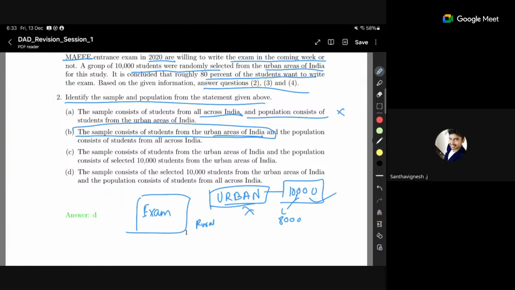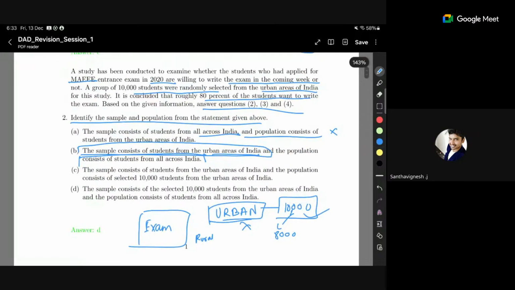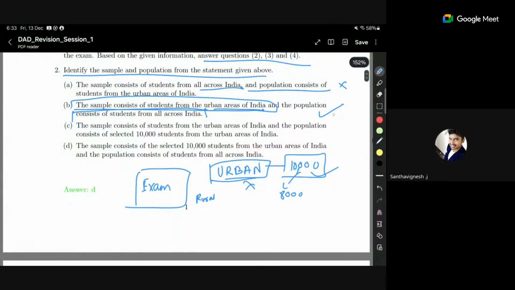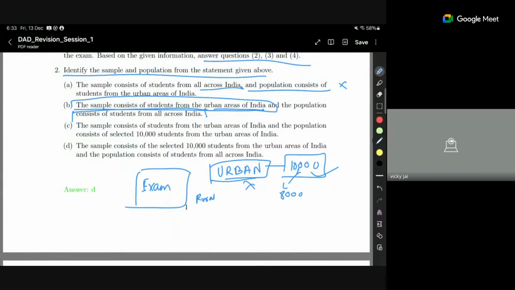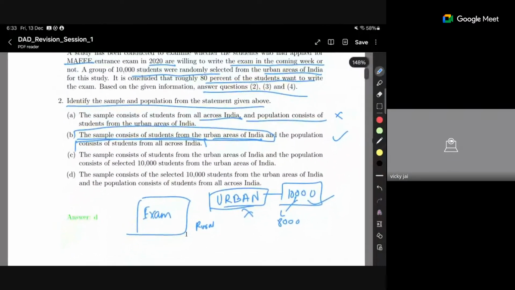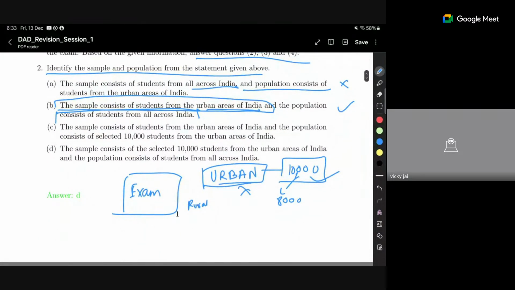The sample consists of students from the urban areas, and the population consists of students from all across India. Okay, this looks a little okay, right? The sample consists of students from the urban areas of India, and the population consists of students from all across India.